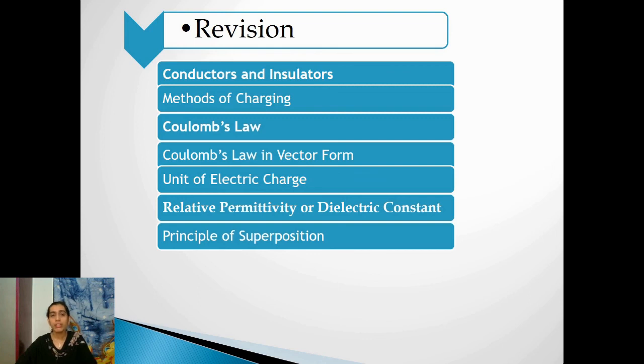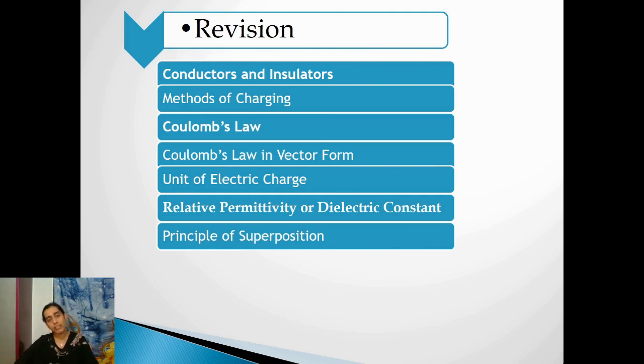According to that law, the electrostatic force of attraction or repulsion between any two point charges is directly proportional to the magnitude of those two charges and inversely proportional to the square of the distance between them, right? We also saw Coulomb's law in vector form, learned about its significance, defined the unit of electric charge in terms of Coulomb's law, and defined relative permittivity.